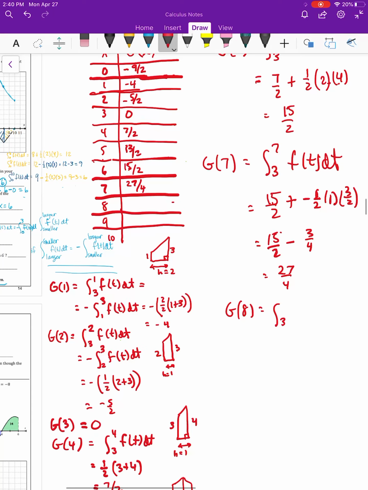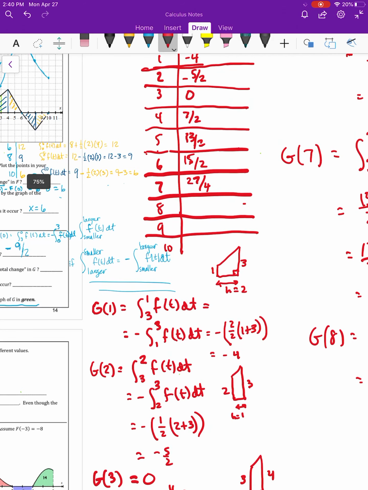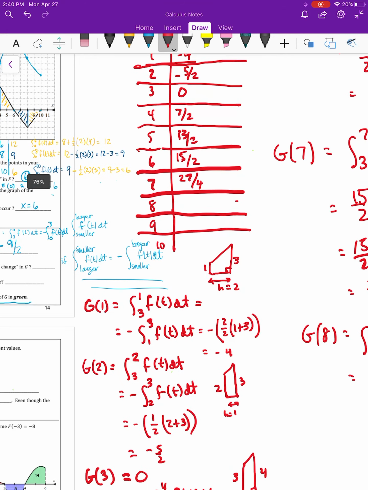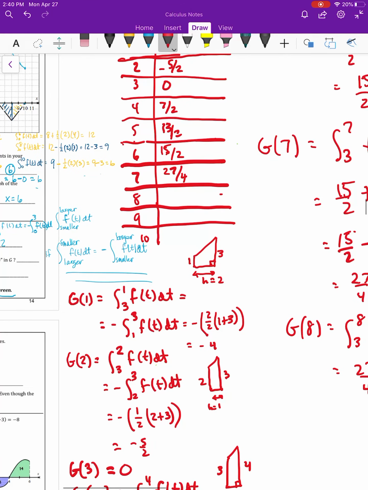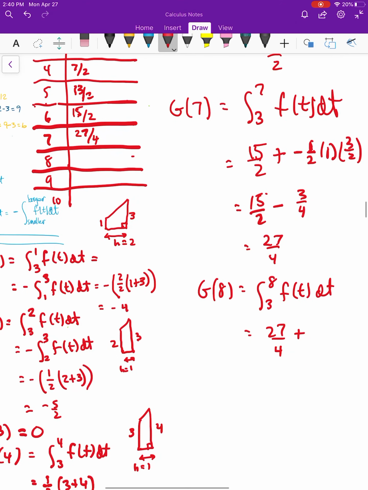Our g of 8 is going to be the integral from 3 to 8, f of t dt. We already know that from 3 to 7 is 27/4. Now we just need to add on from 7 to 8, and that is a negative trapezoid. If you can see, we've got a trapezoid that looks like this. This is height of 1, right?